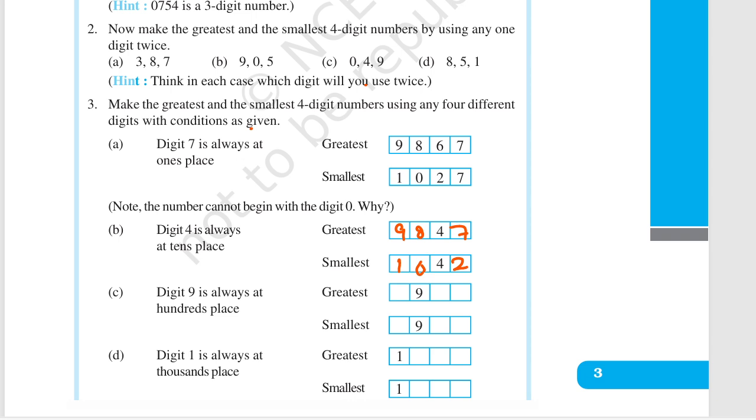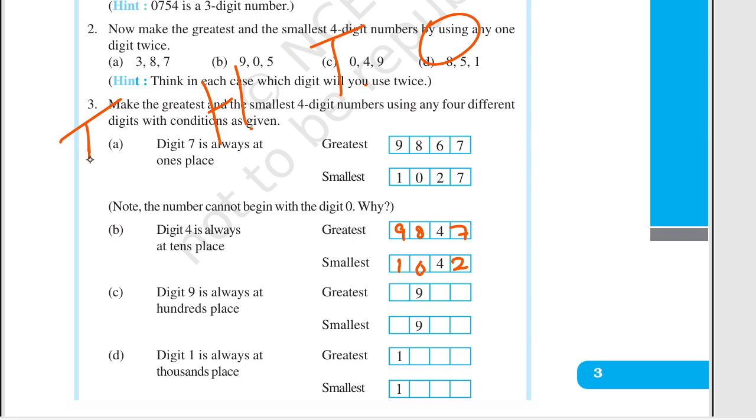So next, the digit given is 9. 9 is always at the hundreds place. Now the condition is saying ones, tens, hundreds and thousands, and that 9 will always be there in the hundreds place. Now if we have to find the greatest number, we have to start the number with the greatest digit.